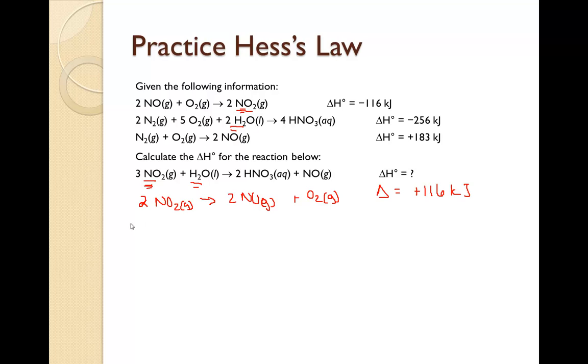So 2 N2 gas plus 5 O2 gas plus 2 H2O liquids yields 4 HNO3 aqueous. Delta H, we didn't do anything to it, so it's negative 256 kilojoules. Alright, now it's going to get a little bit trickier.